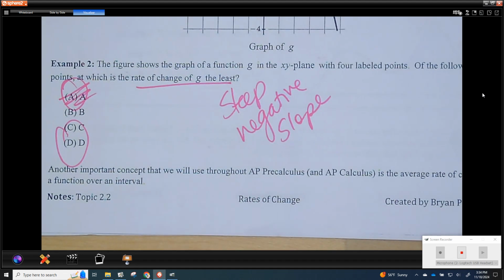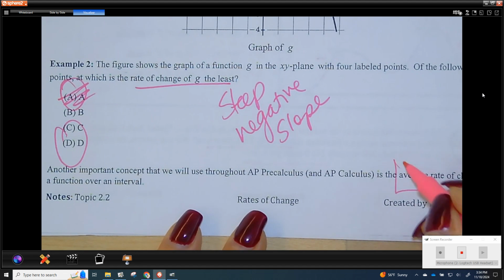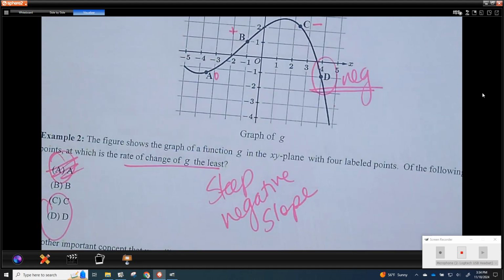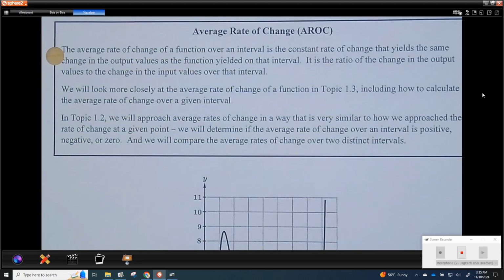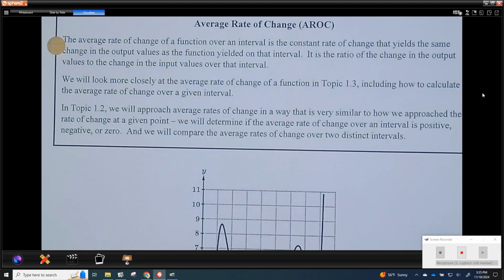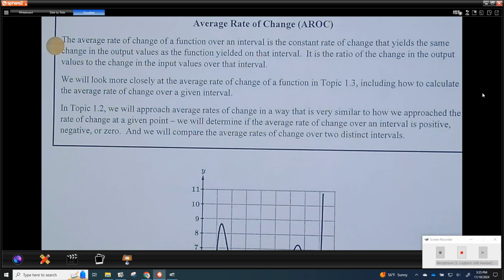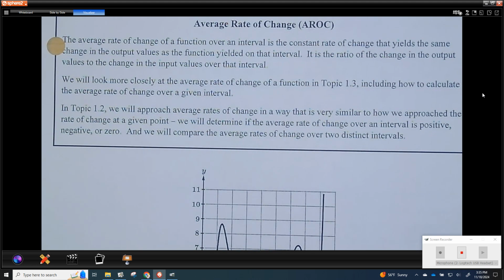Another important concept that we'll have is the average rate of change, and we'll get into that today. Okay, second page. So here's the average rate of change. For the average rate of change, you find 2 points and you're finding the slope between those 2 points.